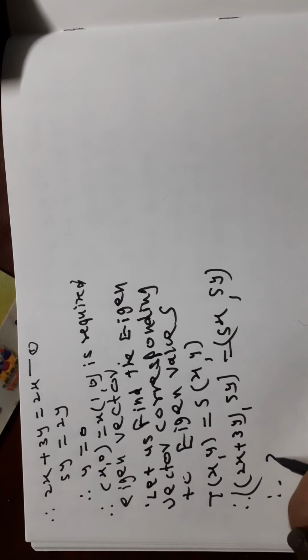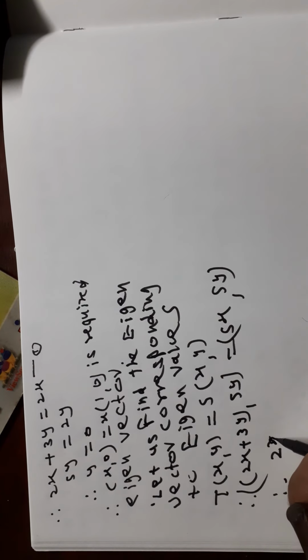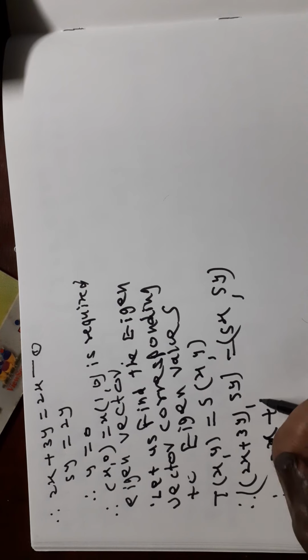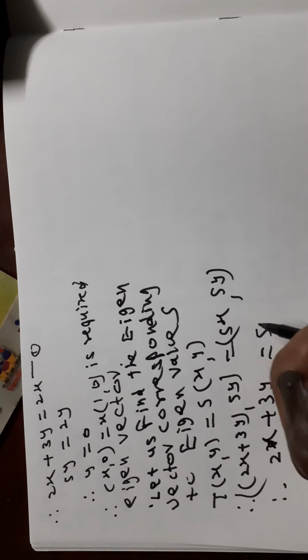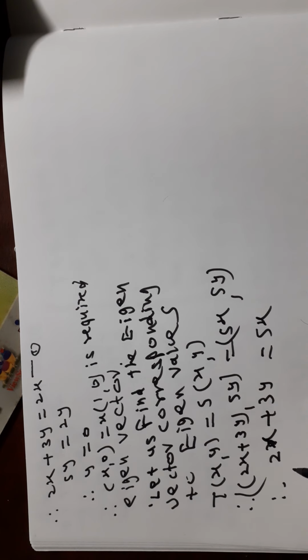Therefore 2x + 3y is equal to 5x, and 5y is equal to 5y.